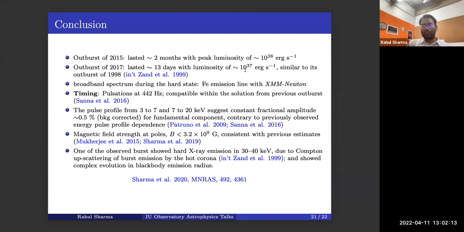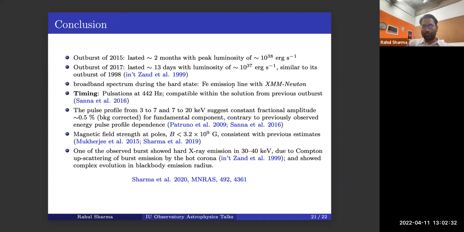If we compare its properties with all other previous outbursts, only the 1999 outburst shows this kind of behavior, with around a 15 days outburst with the same order of peak luminosity, 10^37.